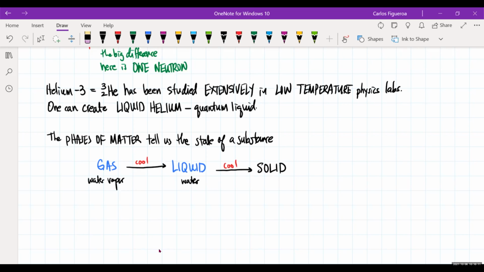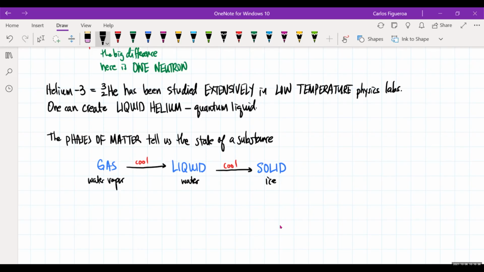And that solid is, of course, ice. So water has other phases, but the phase that we're talking about here is either a gas, a liquid, or a solid.